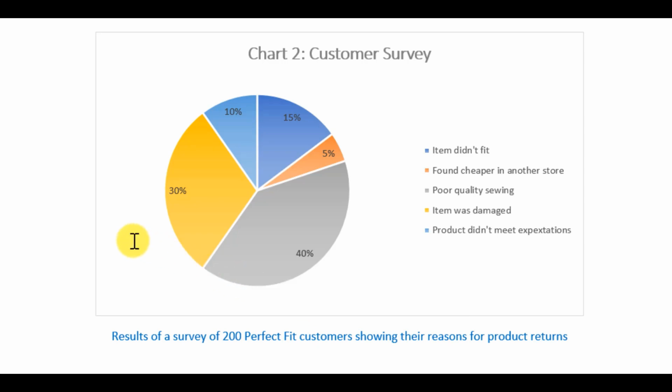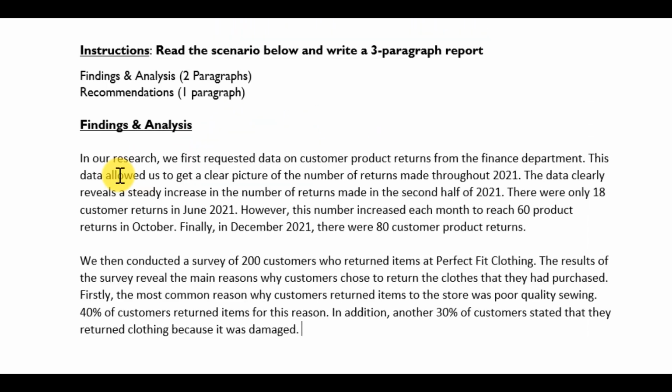So, in fact, we have introduced the key findings of the research. But perhaps let's put in one more. This 15% of customers here who returned items because they didn't fit. So we can say, moreover, 15% of customers reported that they made a return because the item did not fit.